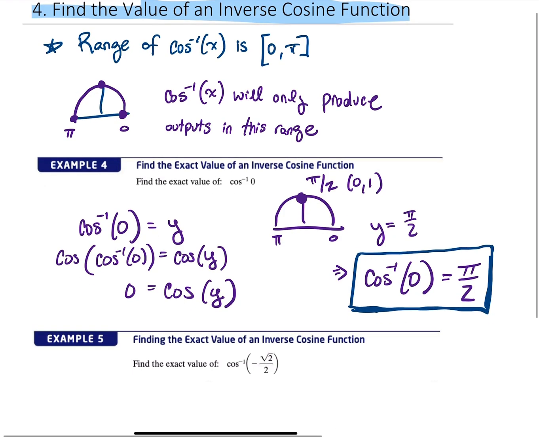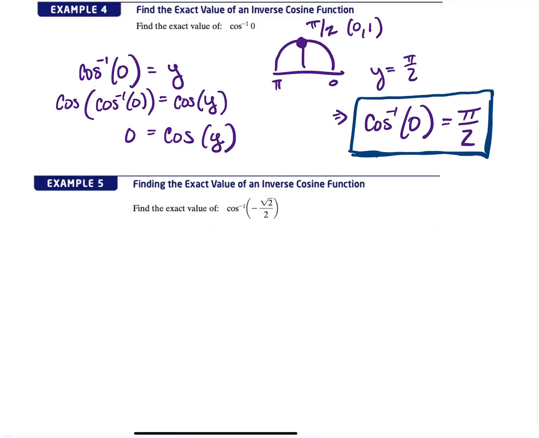Okay, let's look at one more for the inverse cosine. That was another easy one because the cosine is equal to 0 at 2 points actually. Yeah, so there was another point down here at 3 pi over 2. We would get another cosine value of 0. However, we can only give an answer within this restricted range. That's why we keep bringing that up. So let's look at this second example.